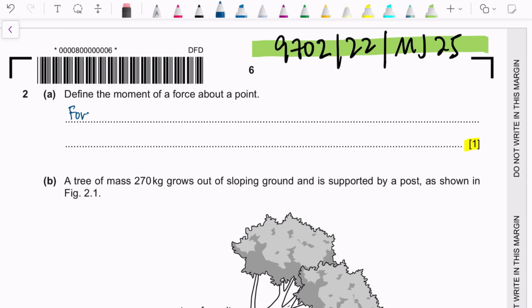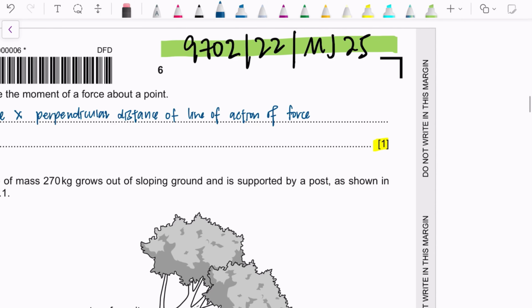force multiplied by perpendicular distance of line of action of force from the point.